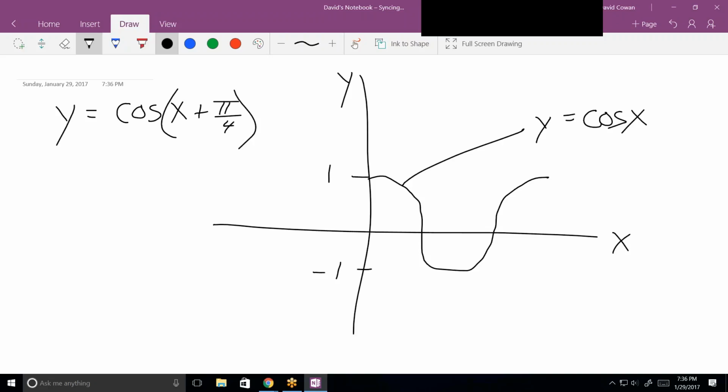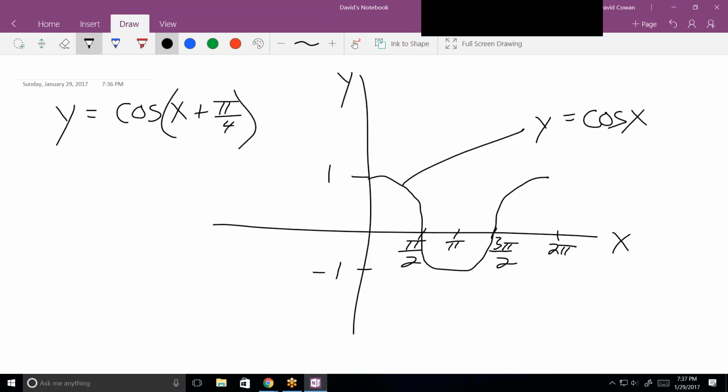So what is that plus pi over 4 going to be? What is it called? What kind of transformation is it? Horizontal shift. Good. Which direction? To the left. Good. So what that means, if I were to label this original curve, that's pi over 2, that's pi, it's 3 pi over 2, and that's 2 pi.